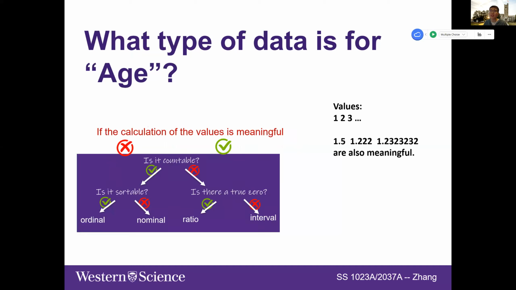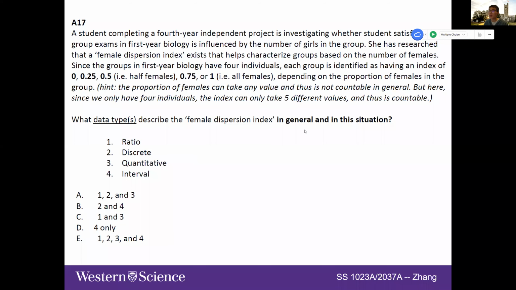There's a frequently asked question about number 17. The message here is that we need to be very careful about the definition of this proportion of the females. In general, the proportion of the females could be any proportion, so it could be ratio or quantitative.